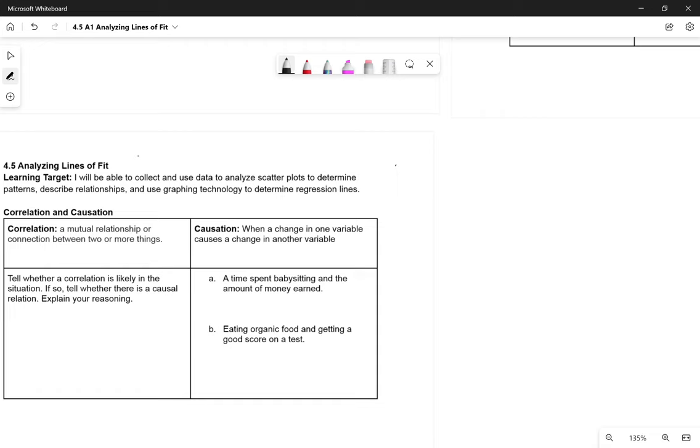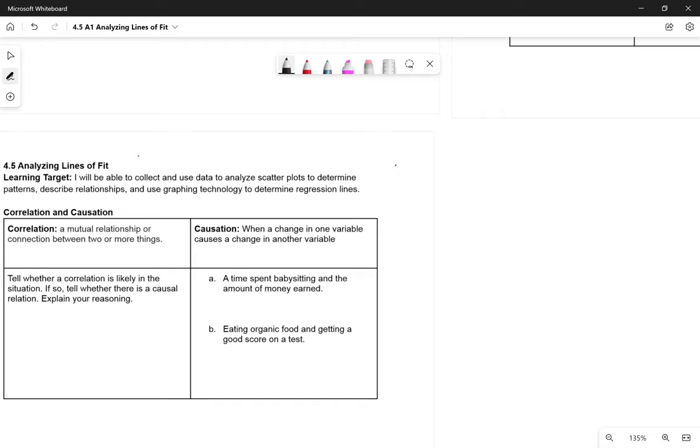So first we got to see if there's a correlation. In part A, it's saying time spent babysitting and the amount of money earned. So we ask ourselves, if we spend more time babysitting, do we earn more money? In this case, yes. So there is a correlation.